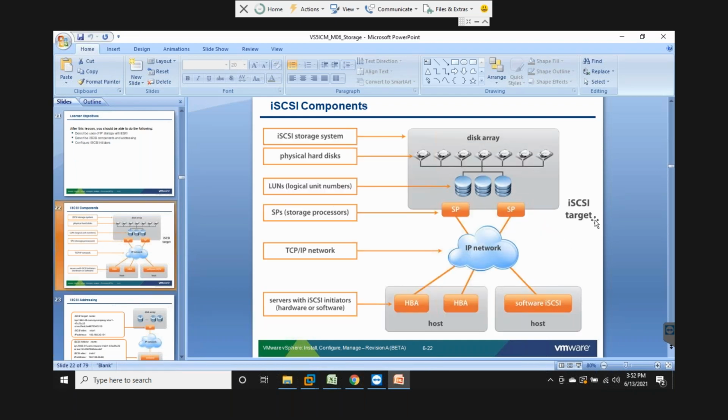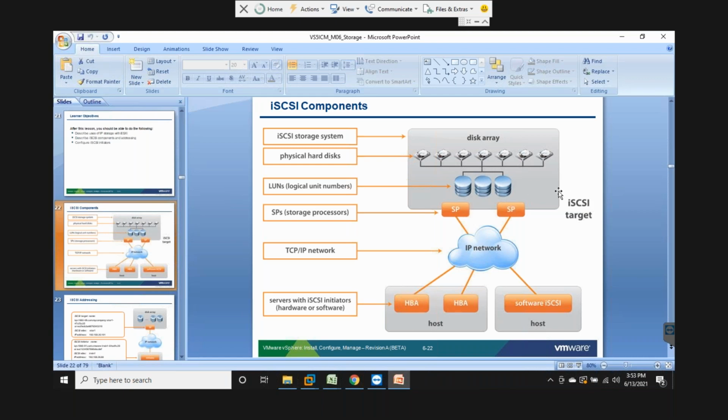Notice one thing. In general perspective, there are only two things. One is your entire storage unit, and on the other side you have the ESXi host, any other server, Windows server, Linux server, whatever the host is. That host or adapter is called the iSCSI initiator, which is the consumer of the storage, the one actually using the storage.